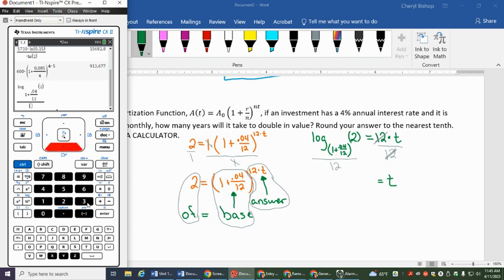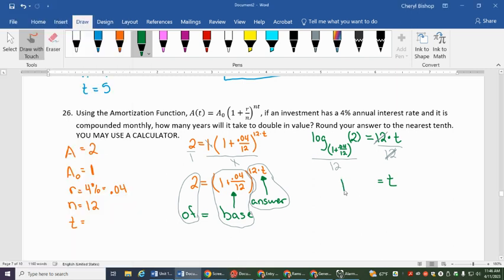And then I'm dividing that whole thing by 12. So I typed in the calculator exactly what I have here. And when I hit enter, I get 17.3575. It says to round my answer to the nearest tenth, so that's one place. So that's going to be 17.4.